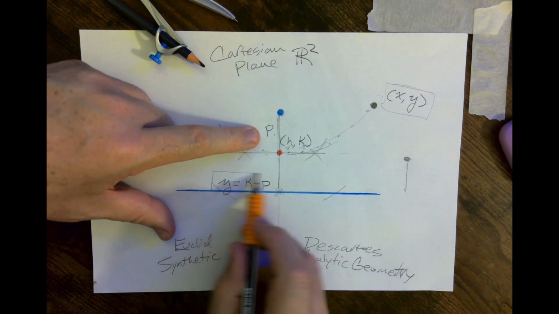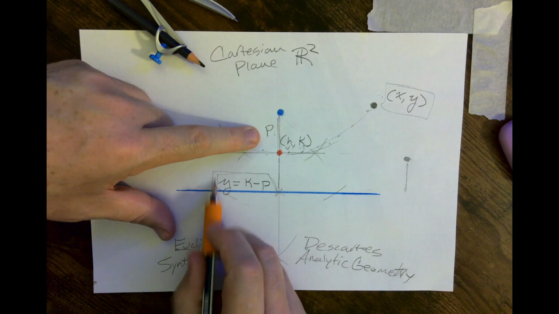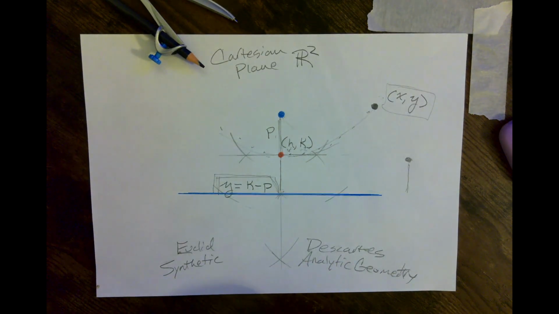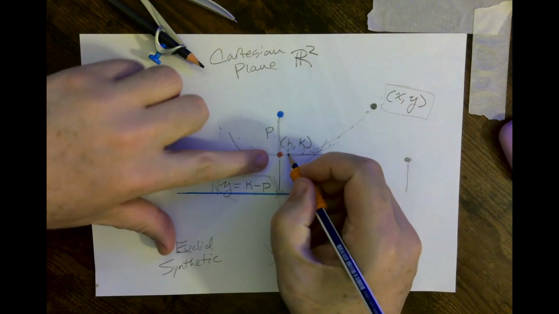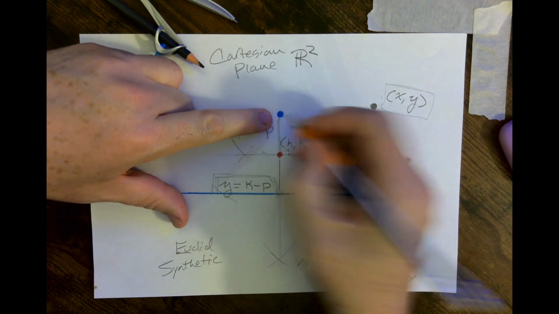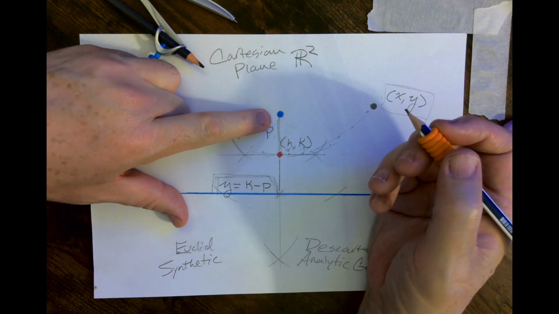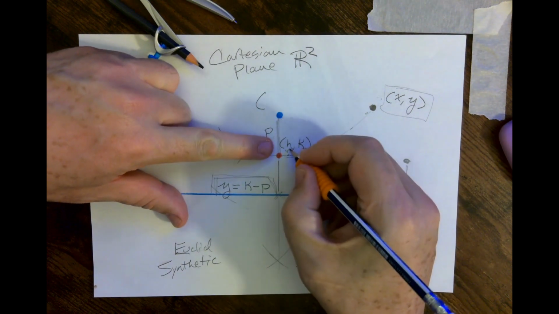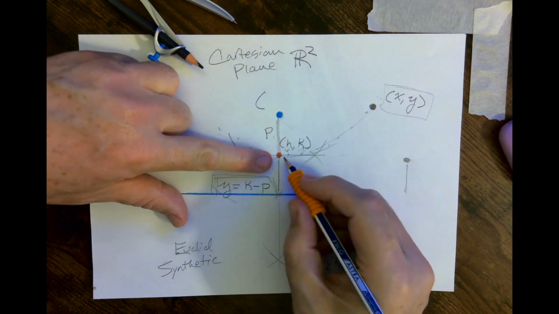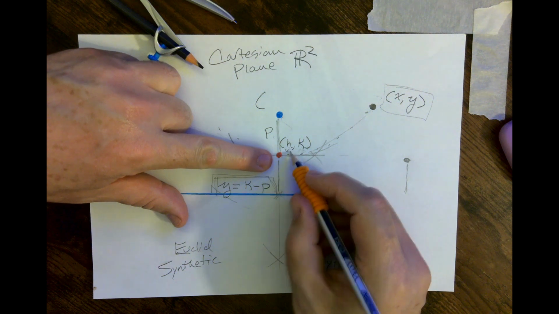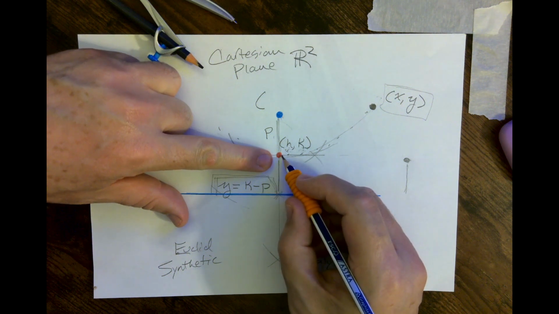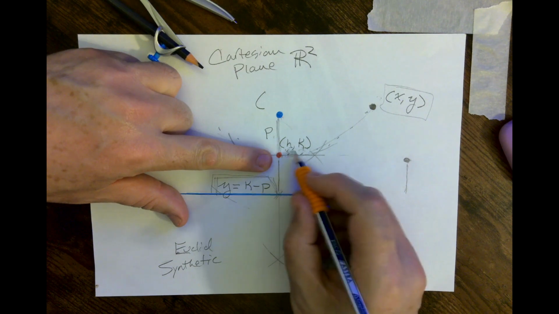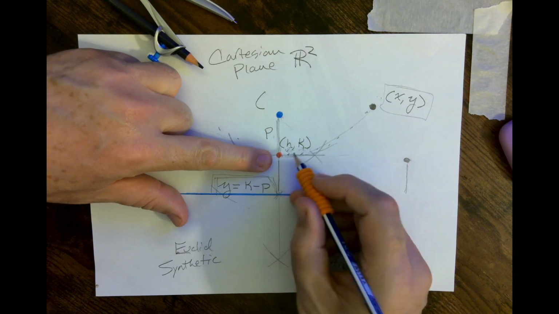So we can name this line y equals k minus p. So here we can label the focus. Well, we got to choose whatever we want for this vertex. So we called it h, hk. So we made this x-coordinate h.